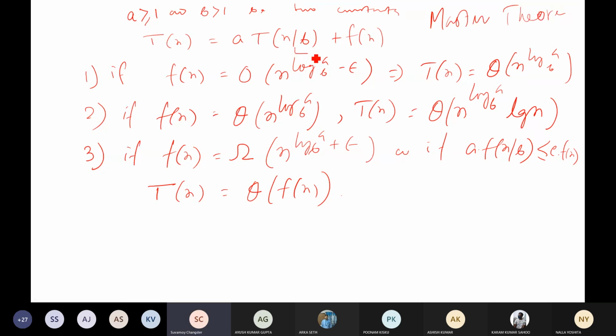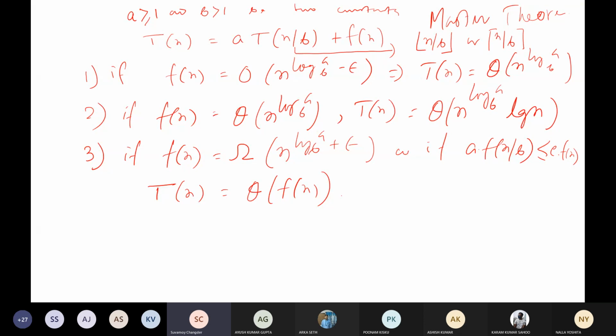By the way, here n/b means either the floor value of n/b or the ceiling value of n/b. Now we will go for proving the theorem, but we will consider a simplified form.